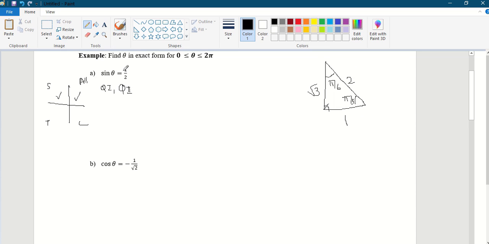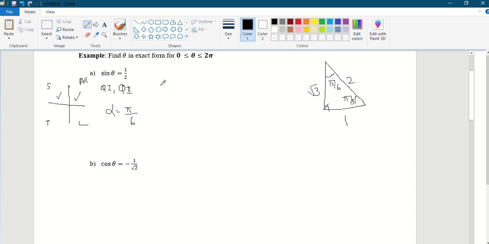Now using that, sine is opposite over hypotenuse. From here opposite is root 3, that's not what we want. From here opposite is 1 and hypotenuse is 2. So the reference angle we get here, we cannot use a calculator for this, so we need to know the reference angle from that special triangle, which is pi over 6.